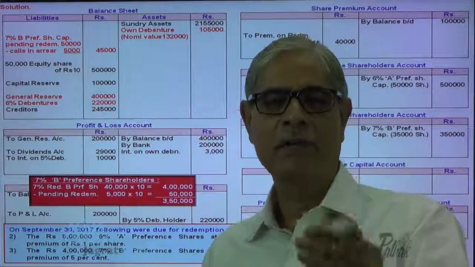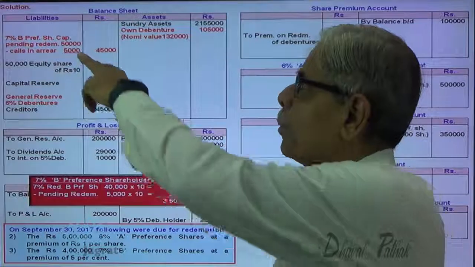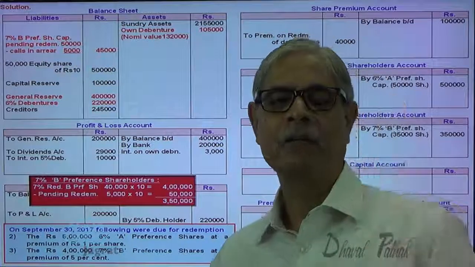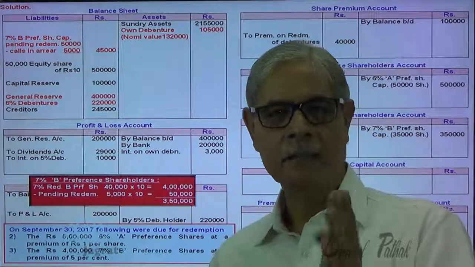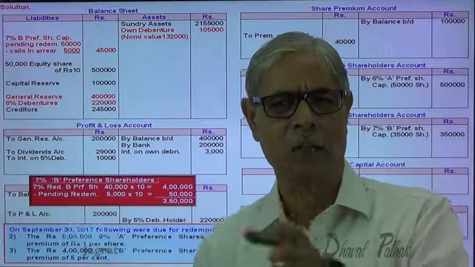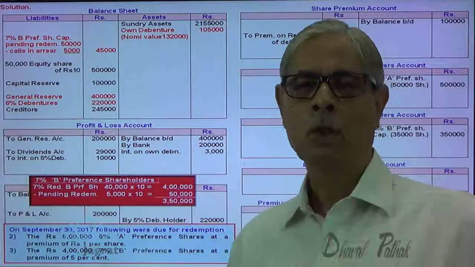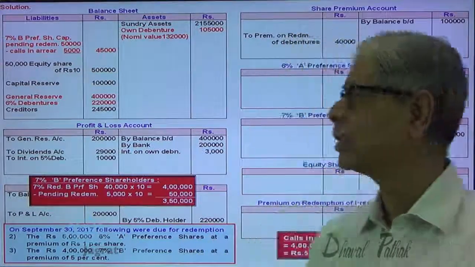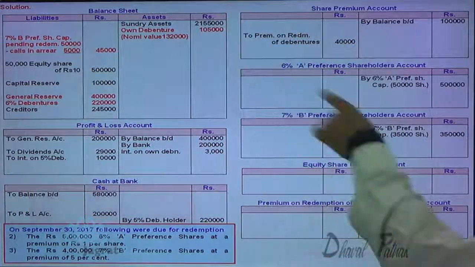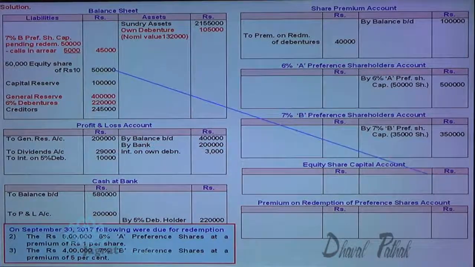So 50,000 is the face value minus calls in arrears 5,000. So 45,000 will be carried forward in my balance sheet and they are subject to redemption because the redemption resolution is already passed. They will be redeemed on the payment of calls in arrears. That's a very important point to be noticed by the students.